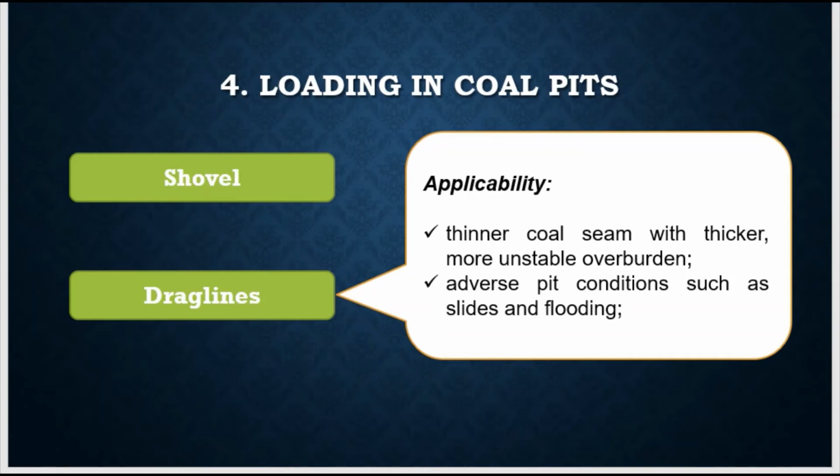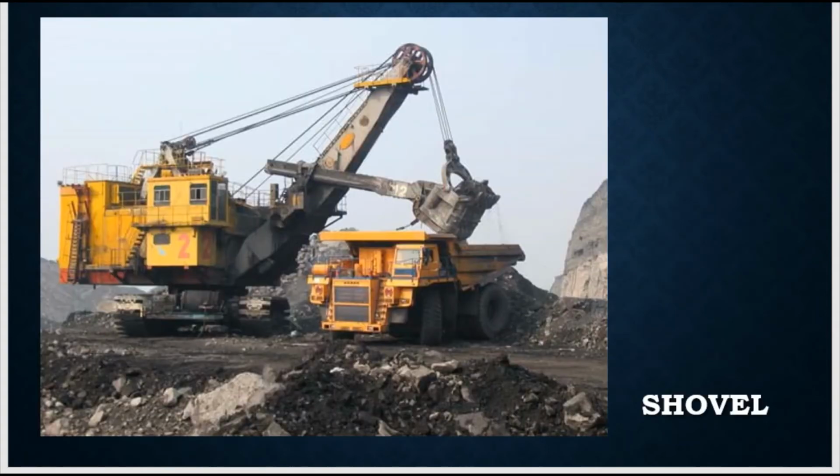So, the digging operation is accomplished by filling and dumping a bucket attached by cables to a boom projecting from the dragline housing by means of hoist cables. So, the bucket may be raised or lowered. So, let's look at what this looks like. So, this is the shovel.